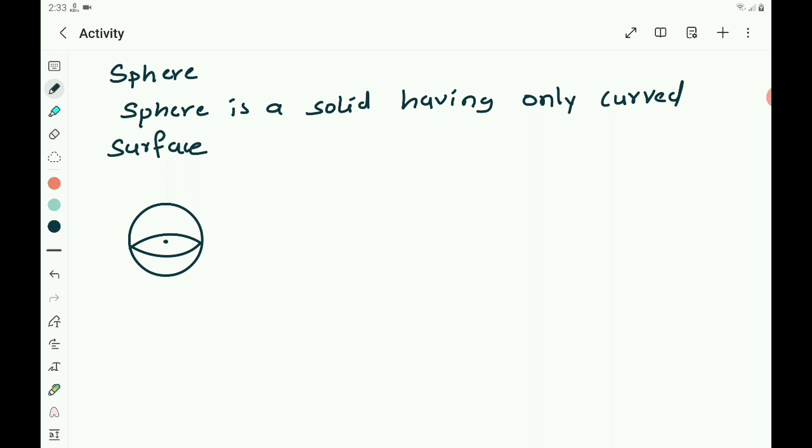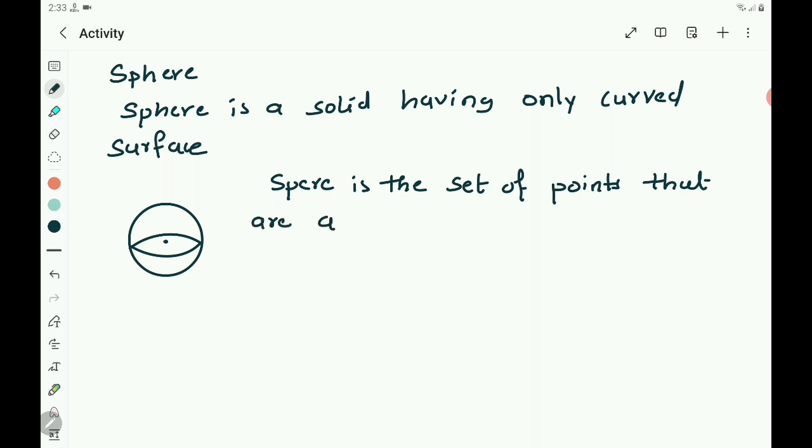Right? Sphere is the set of points that are all at the same distance from a given point.